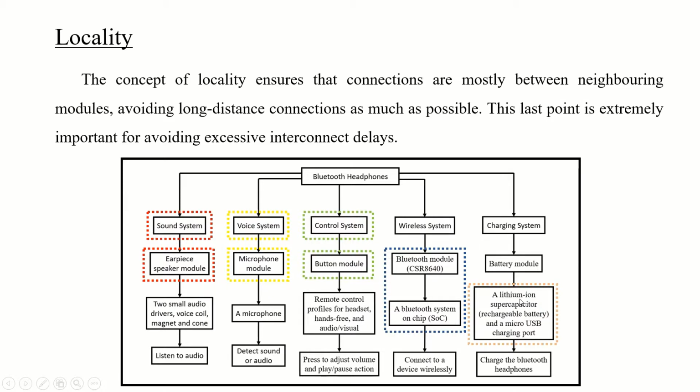For charging system, the rechargeable battery must be close to the micro USB charging port so that the excessive interconnect delays can be avoided, and hence the battery can charge faster and more efficiently. Therefore, with locality, it eliminates as much dragging factors as possible to enhance the effectiveness and the efficiency of the system so that the system can work perfectly.